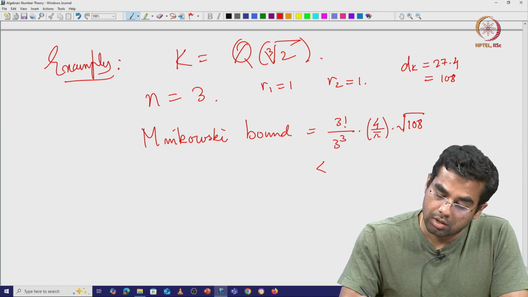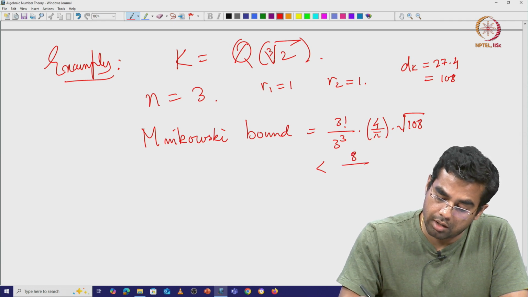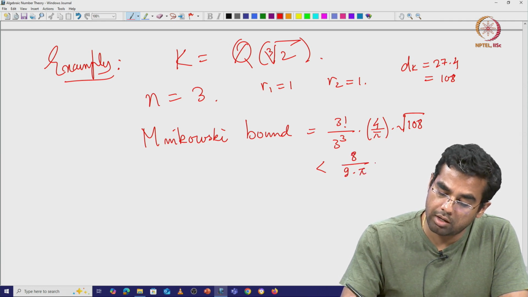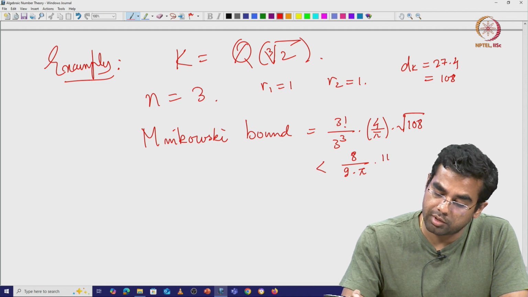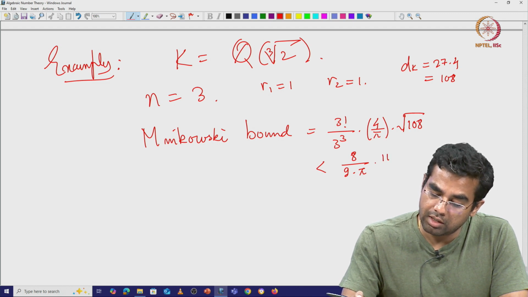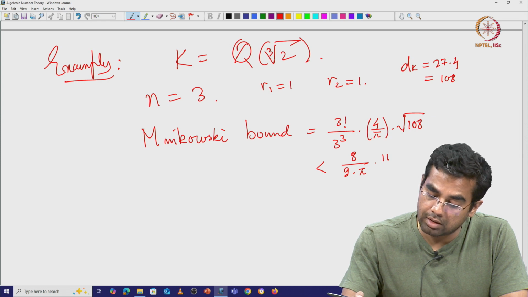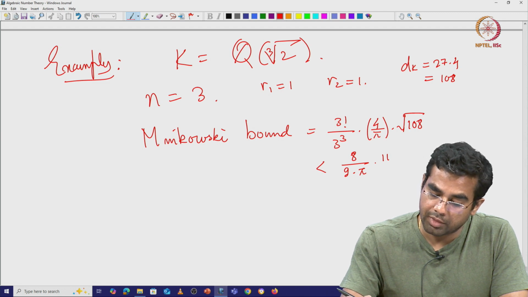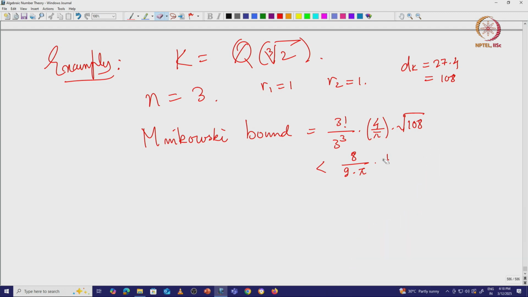So, 8 by 9 times pi into, let us say, if I approximate this by 11, 88 by 9 which is less than 10. Maybe that is a bad idea to approximate it by 11. So, let me keep it as it is and use the computations that I have in my notes, and this turns out to be less than 3.